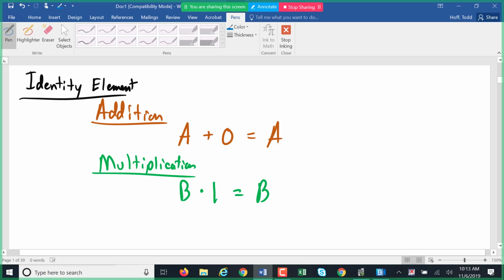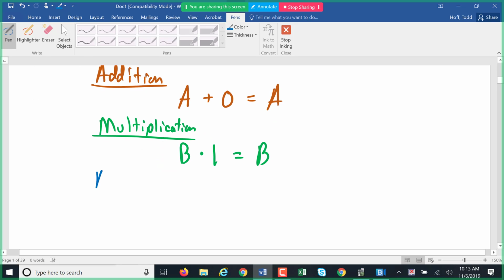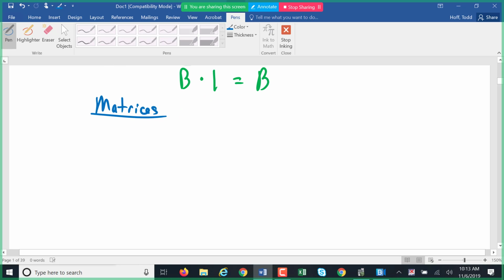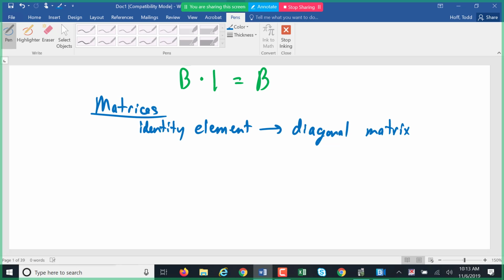For matrices, the identity element is a diagonal matrix. So a diagonal matrix is always, of course, square.